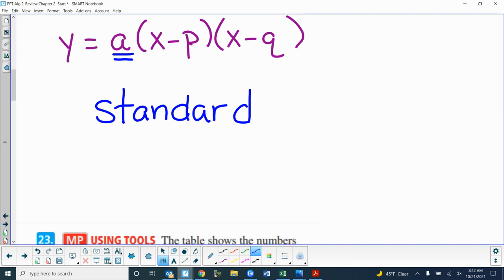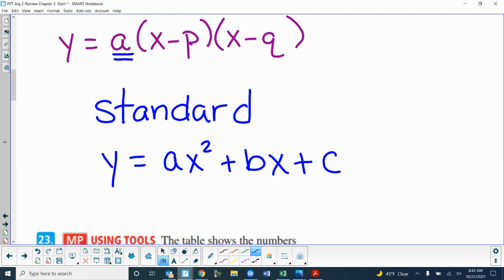What is that? Anybody? The one on your calculator when we do these other ones. What's the calculator give us when we do the table ones? AX squared plus BX plus C. That's standard form. So those are the 3 forms of our quadratic equation.